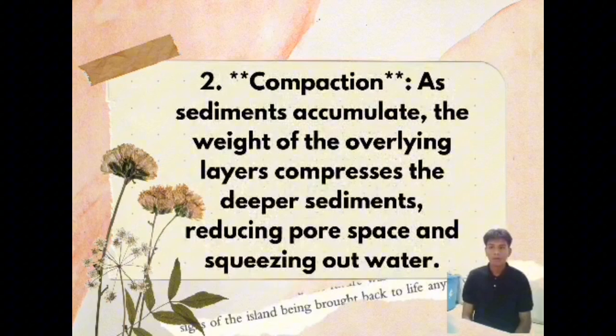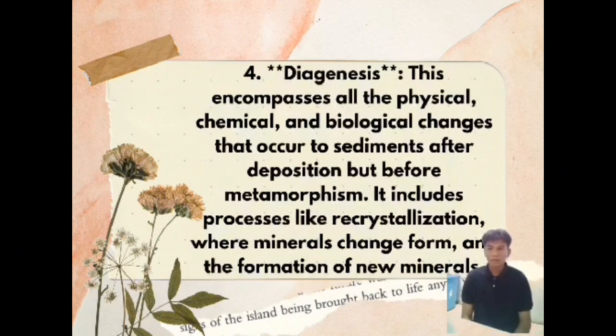Compaction: as sediments accumulate, the weight of the overlying layers compresses the deeper sediments, reducing pore space and squeezing out water. Cementation: dissolved minerals in groundwater crystallize and fill the space between sediment grains, binding them together into solid rock.